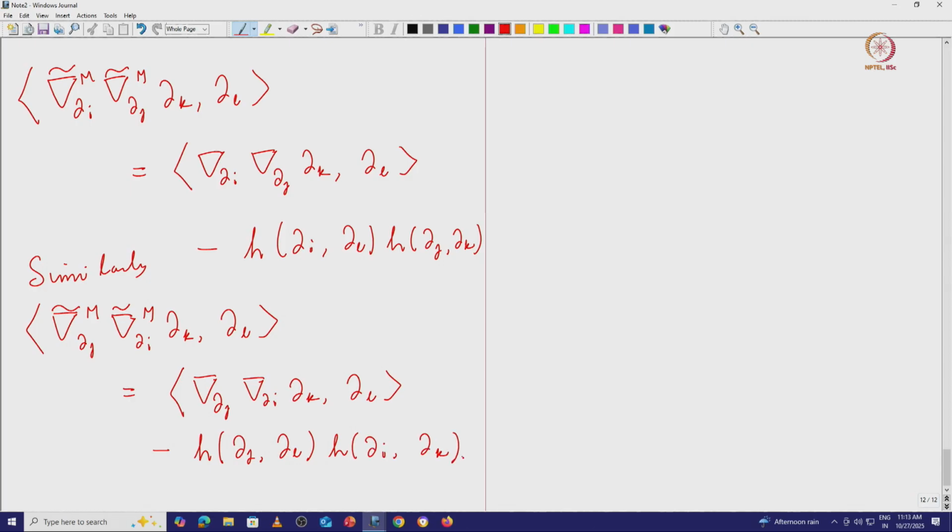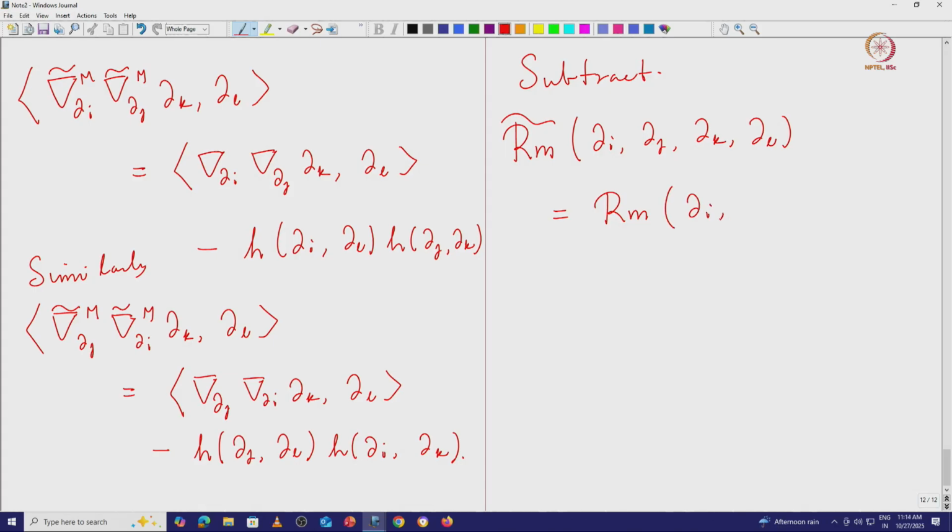Now just subtract the two. So on the right you will get Rm tilde acting on this. On the left, the first two terms, if you subtract, you will get Rm of this, and then you basically get minus this.